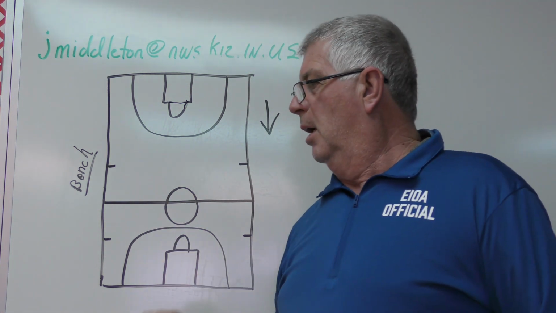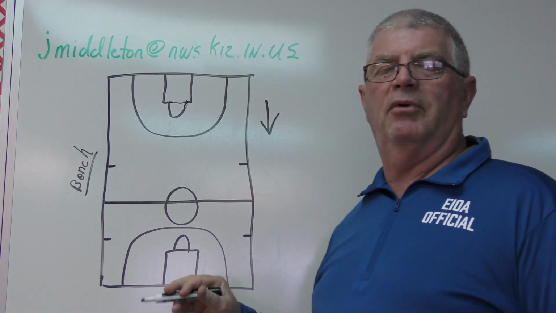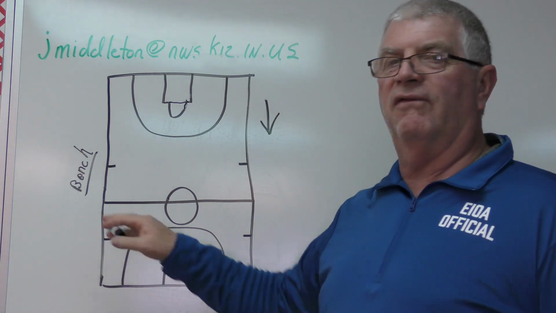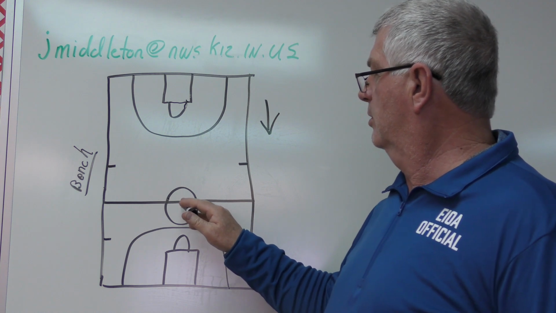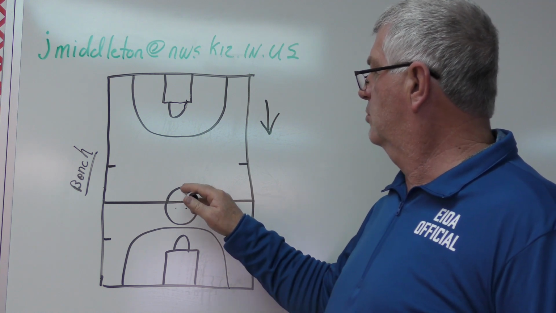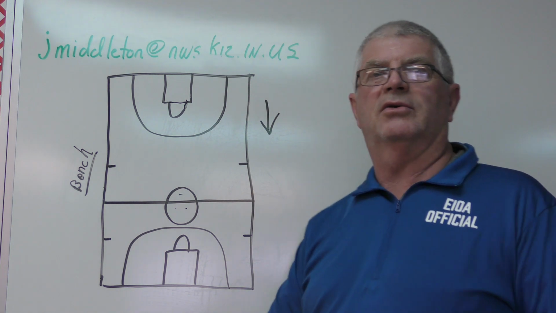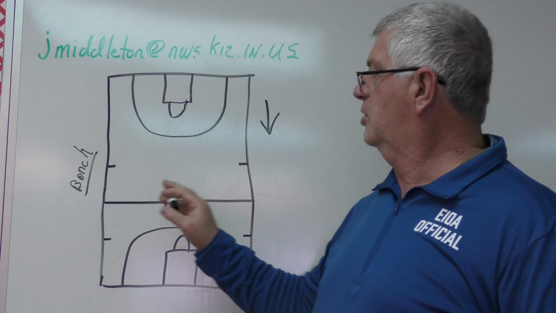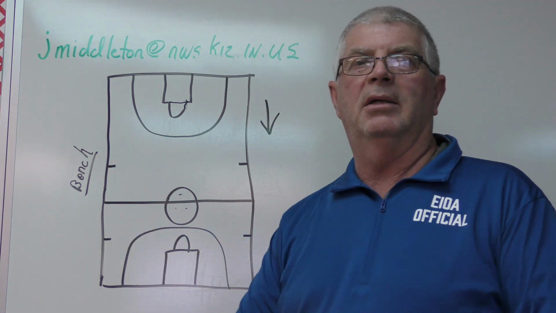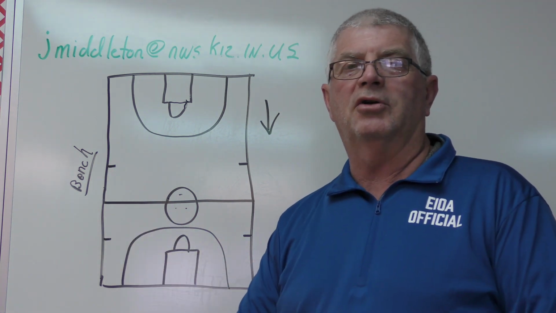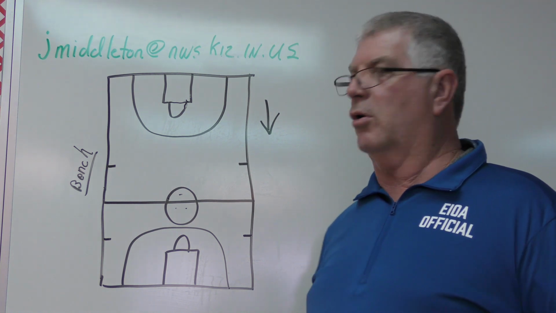So, where do we stand for pregame? Well, when we come out on the floor at the 15-minute mark, we're going to go to the center circle. And all 3 of us will be in the center circle. And then the crew chief or whoever they designate is going to go to the bench and make sure our table is ready for our game.